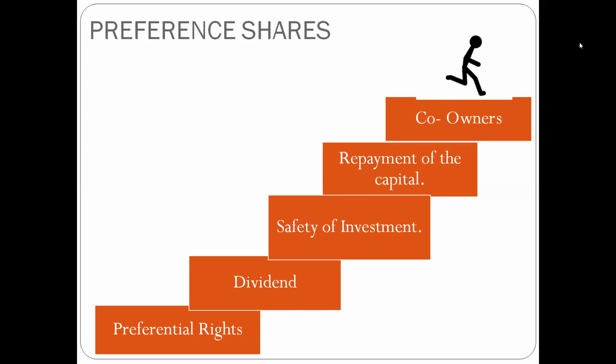All are following this? Followed? Yes. Preference shareholder is having preferential right. Second, he is getting preferential right in getting dividend. His investments are safe. He is given first payment, that is, preferential payment at the time of the winding up of the company. He will be first repaid his capital, and he is also known as the co-owner of the company.